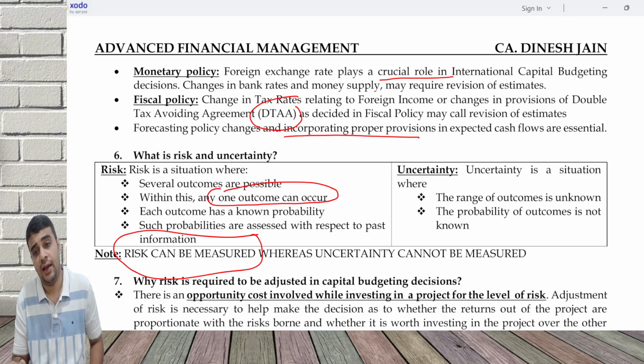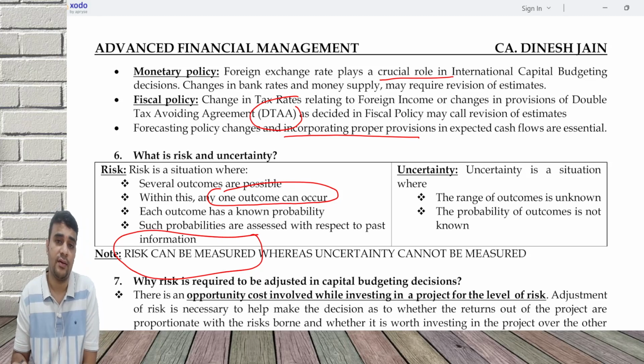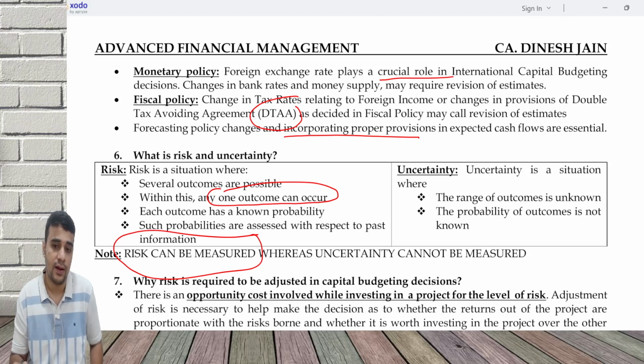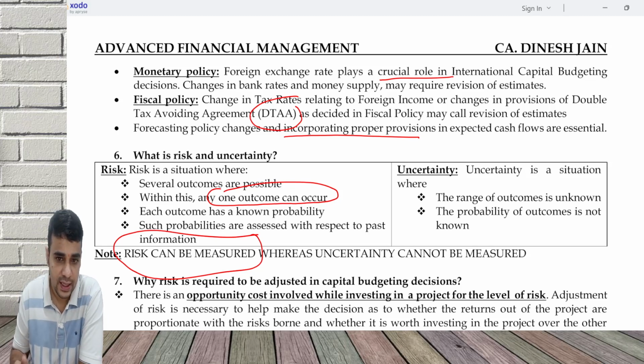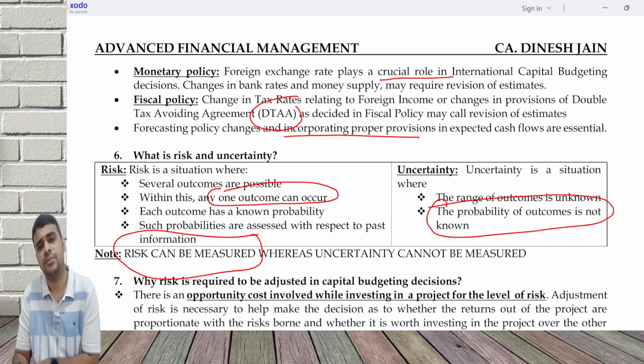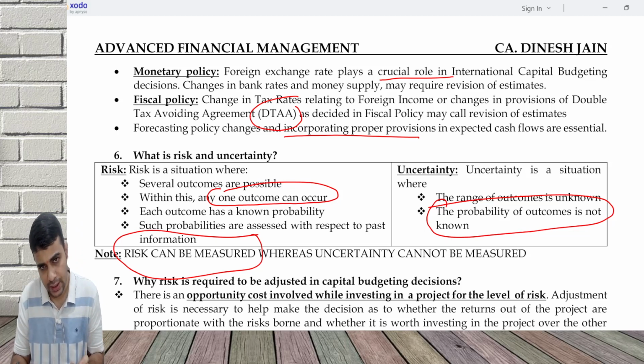Uncertainty is where you cannot tell what the range of outcomes is. I cannot exactly tell what the various possibilities are. I cannot even make a best estimate of what the various outcomes can be. Obviously, if you don't know the outcomes, the probability cannot be ascertained. So risk is something which can be measured.